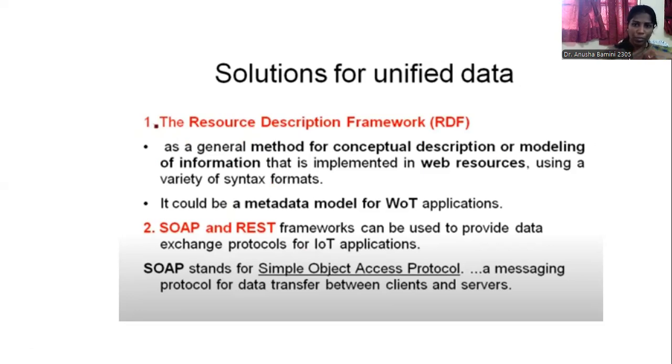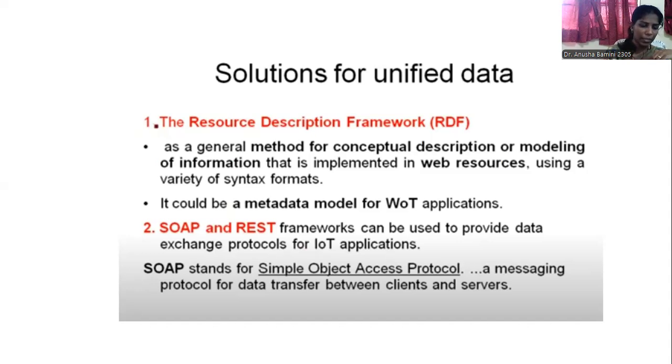So Simple Object Access Protocol means when we are connecting one object to the internet, we have the ability to access the object through the internet. We have the rights to access the particular object, or we have the control to access the object.